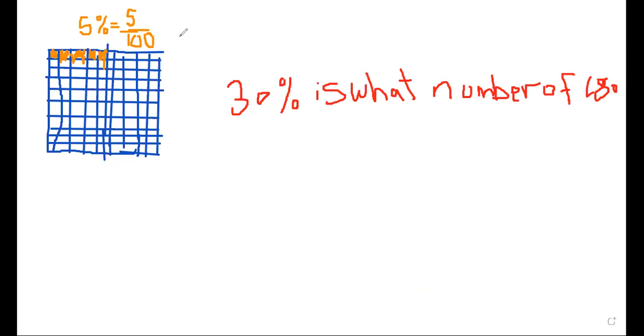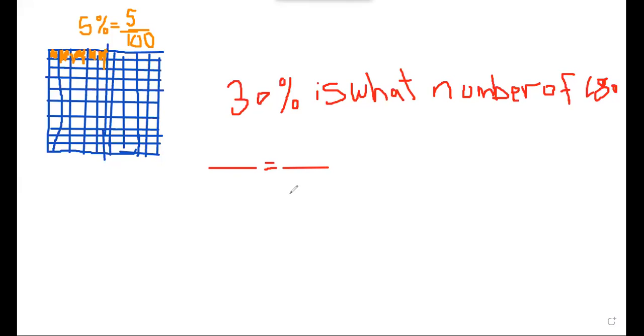How will we translate this question? 30% is what number of 180? I will write the fractional form first. Is there anyone who wants to answer? If you want to answer, please raise your hand.